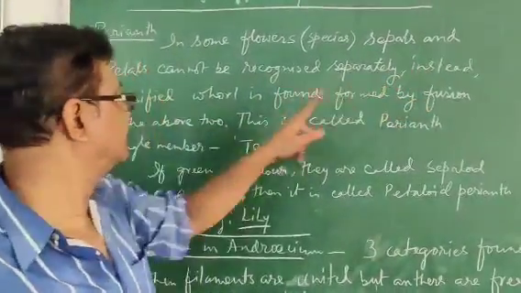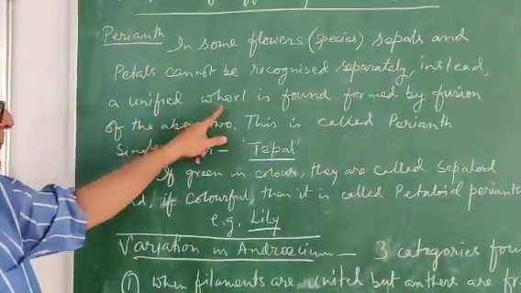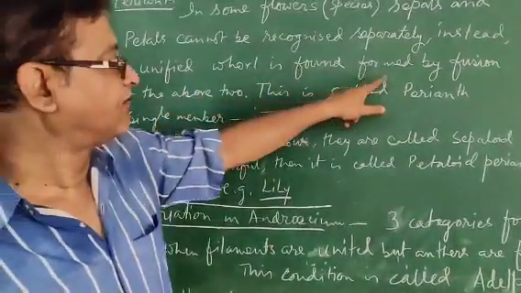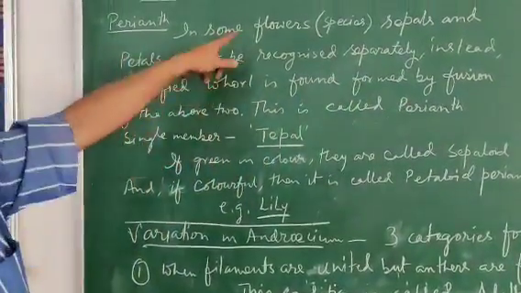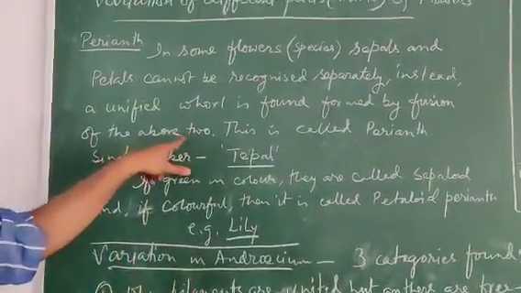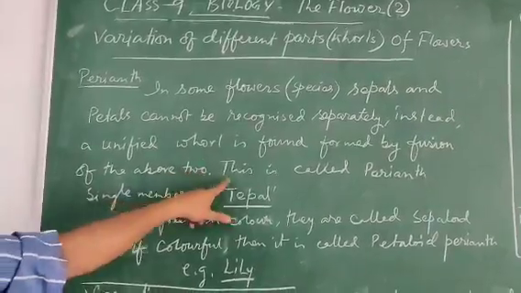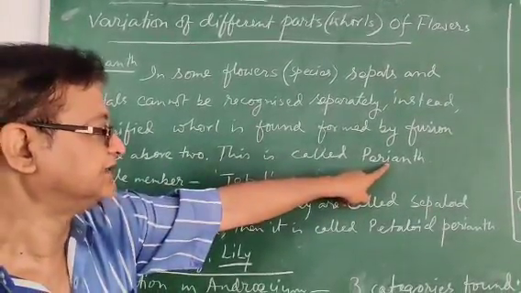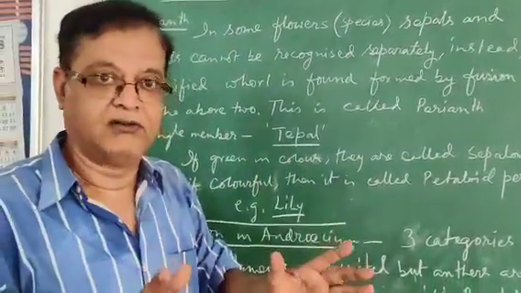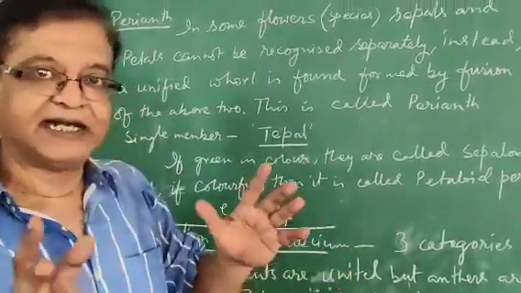Instead of that, a unified single whorl is formed by fusion of the above two. That means sepals and petals are not there, and the fusion of those two makes another whorl. This is called perianth, and it forms a whorl in the flower.